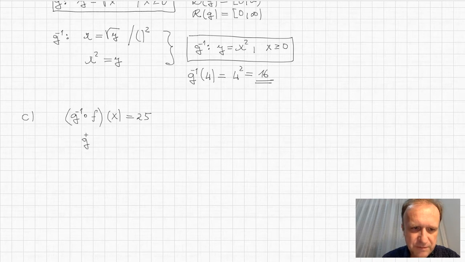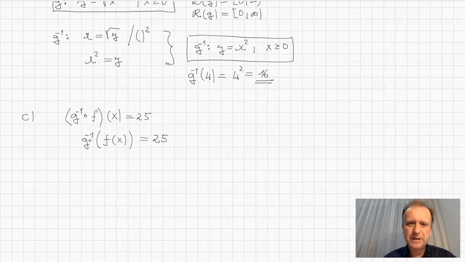It means we have to take the inverse function of g applied to f of x, and this should be equal to 25. Function f goes first, and then comes the second one. So we read it from right to left. The process of composing functions starts from the right and moves on to the left.